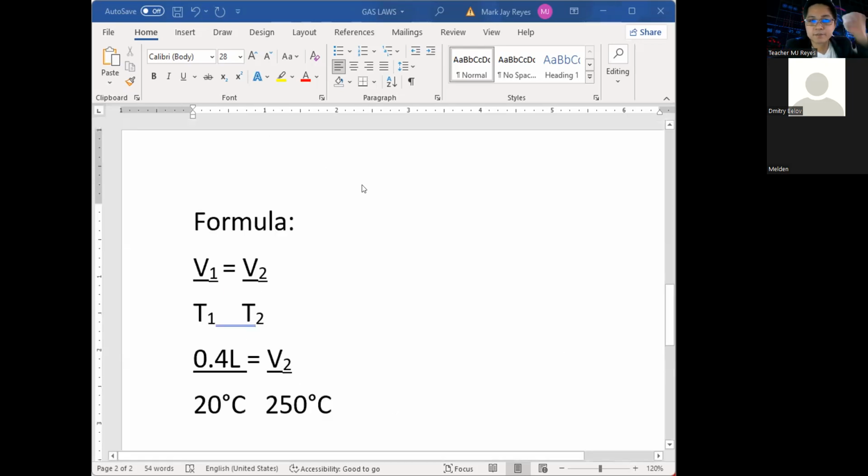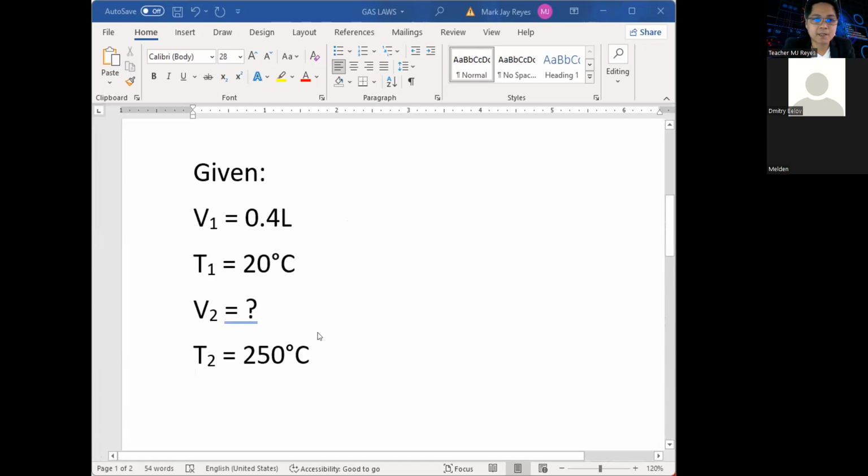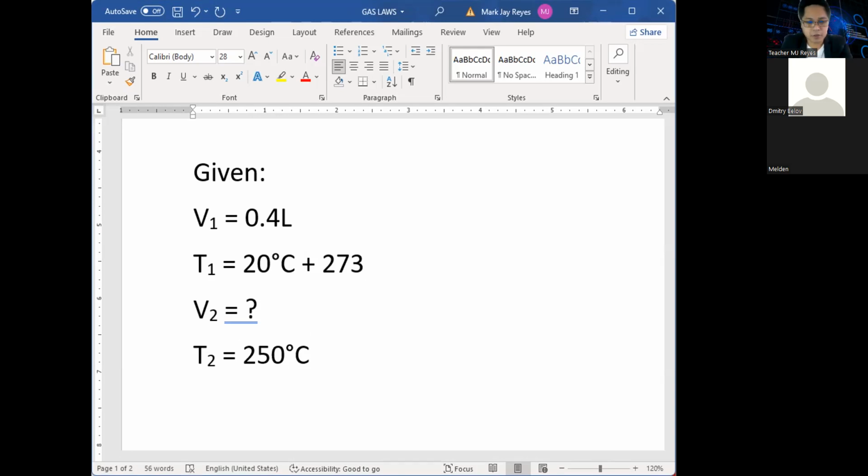This is the constant, okay? Plus, this is the constant. We usually discuss this during grade 6. Conversion factors for temperature. So if we're going to convert degrees centigrade into degrees Kelvin, we just add 273. And there you go, you can convert that into degrees Kelvin.